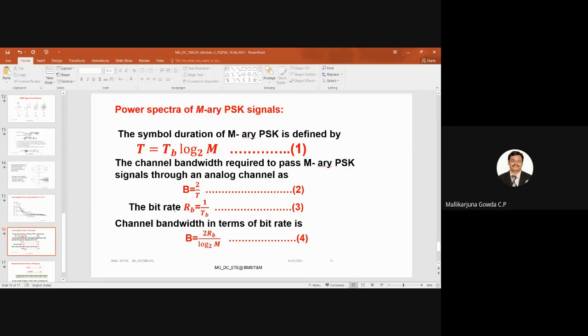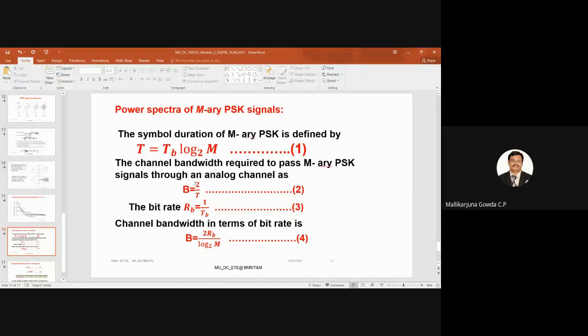Yes, able to understand, I said. So this is the channel bandwidth expression, that is B is equal to 2 by T. You substitute T as TB log M with base 2 in this equation, equation 2, right? Then the bit rate, known as RB, is equal to 1 by TB. Then I can write the channel bandwidth in terms of the bit rate as B is equal to 2 into RB divided by log M with base 2.